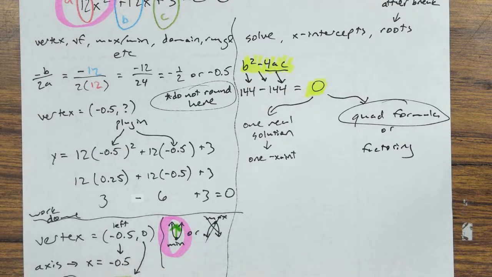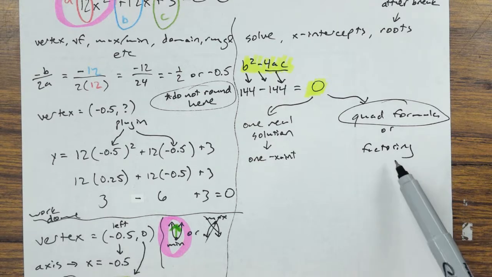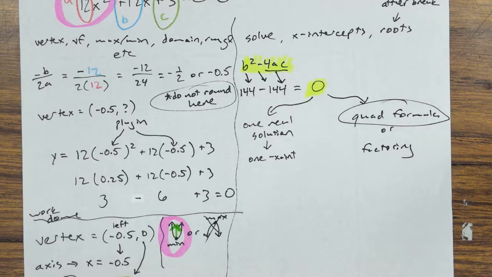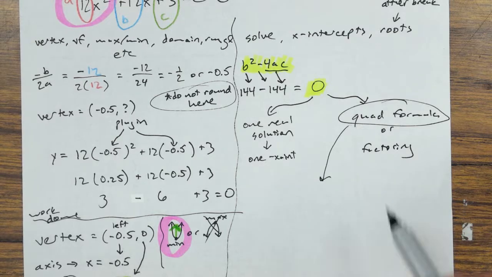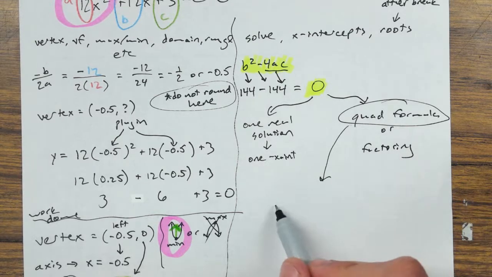Okay, but because I've done the work I've done, quadratic formula is quicker than factoring. Okay, factoring might be considered easier, but quadratic formula is less work as of right now. All right, so I'm going to do quad formula. I'm not really going to do some factoring here.